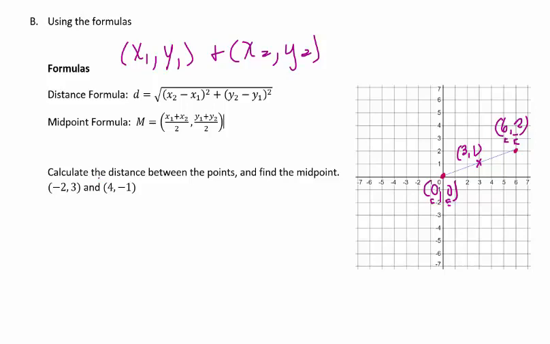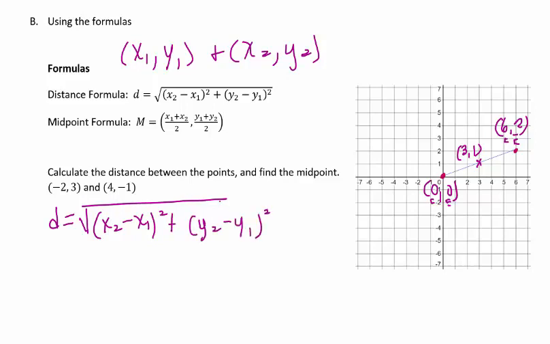Okay, so let's use the formulas to calculate the distance between the given points and then also find the midpoint. Using the formula, d equals the square root of x2 minus x1 squared plus y2 minus y1 squared. We can label one of these points x1, y1 and the other x2, y2.